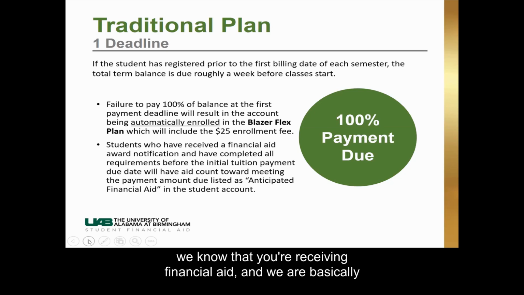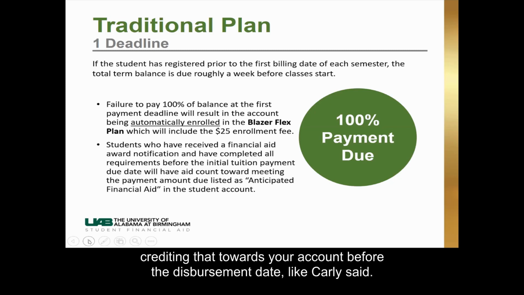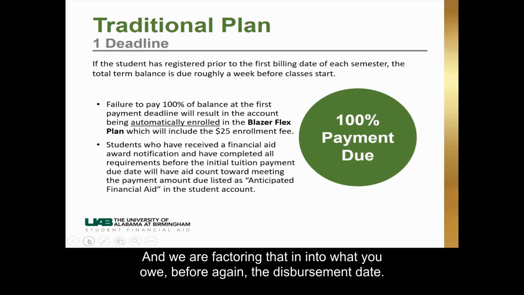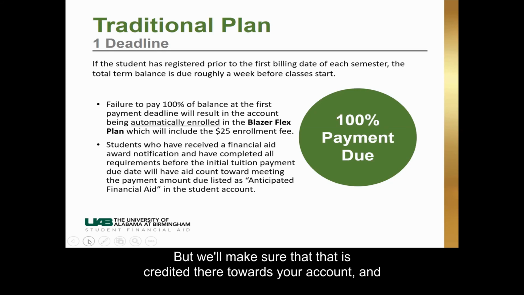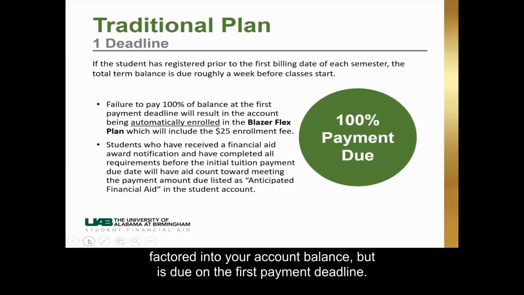We know that you're receiving financial aid, and we are basically crediting that towards your account before the disbursement date, like Carly said, and we are factoring that into what you owe before, again, the disbursement date. We will make sure that that is credited towards your account and factored into your account balance, what is due on the first payment deadline.